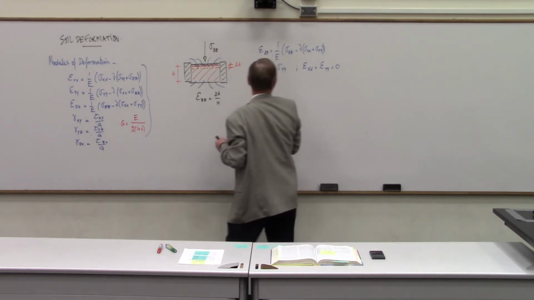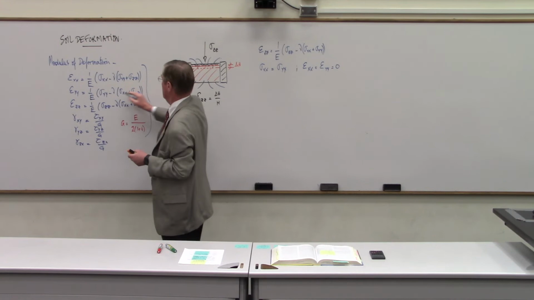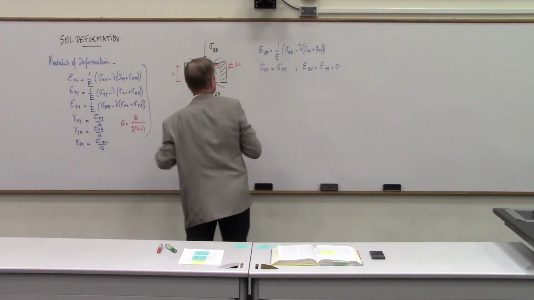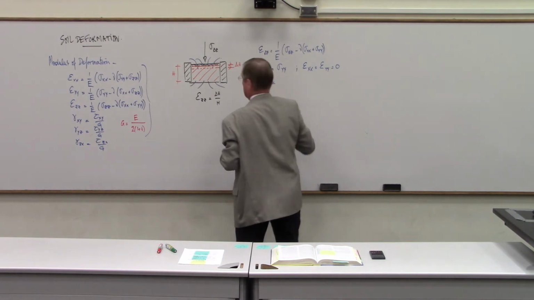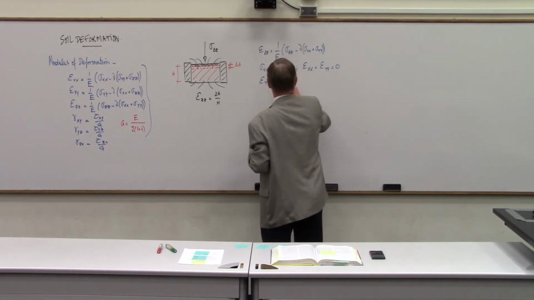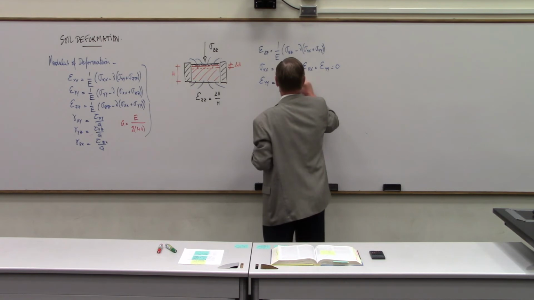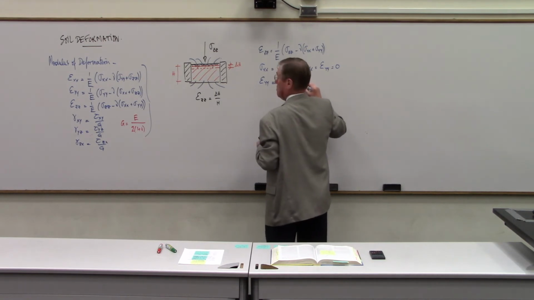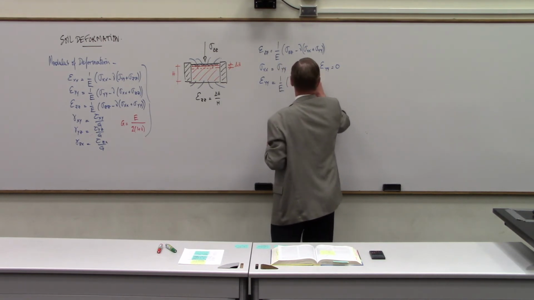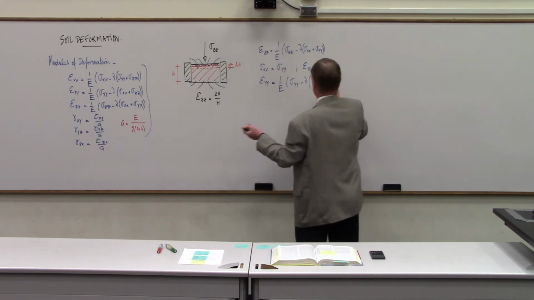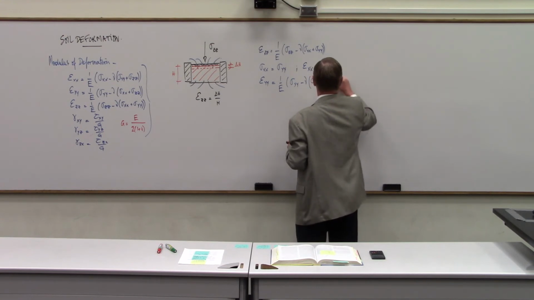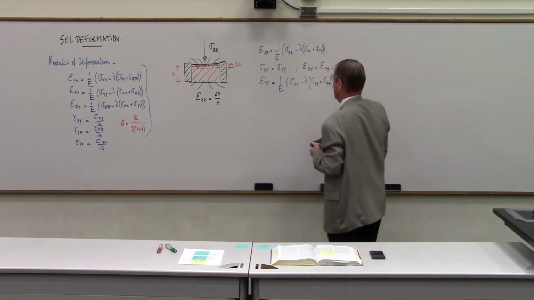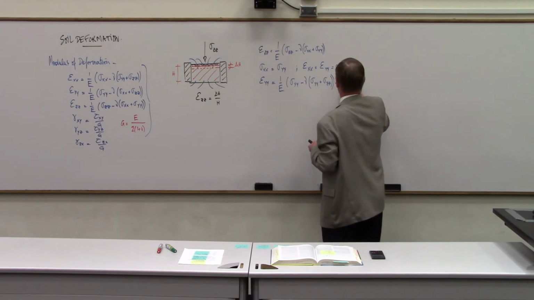If I take this expression and set epsilon YY equal to 0, epsilon YY is 1 over E times (sigma YY minus nu times (sigma XX, same as sigma YY, so another sigma YY, plus sigma ZZ)). And this is 0.